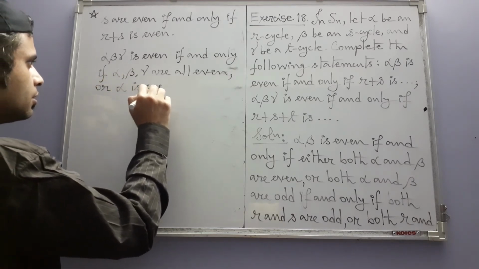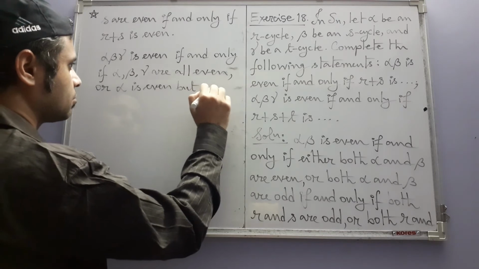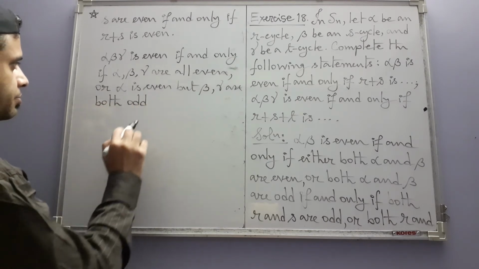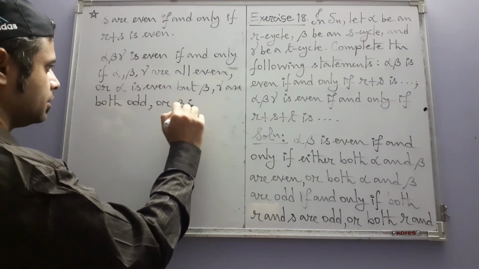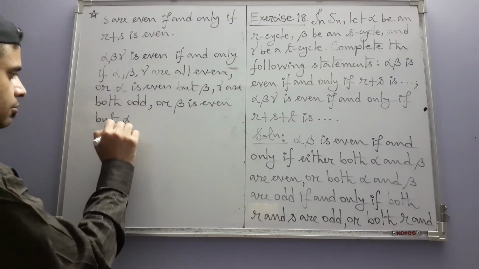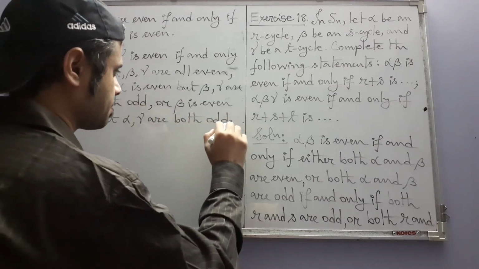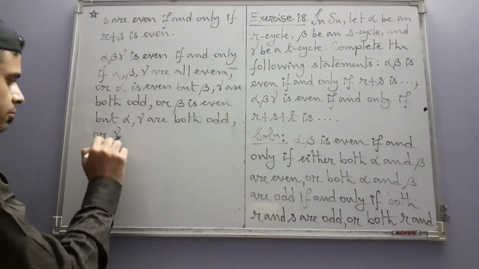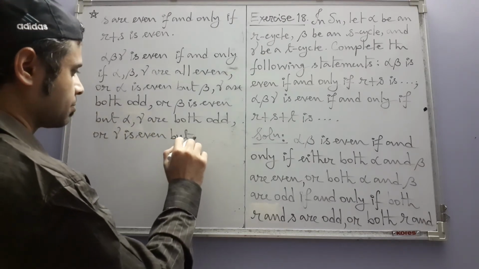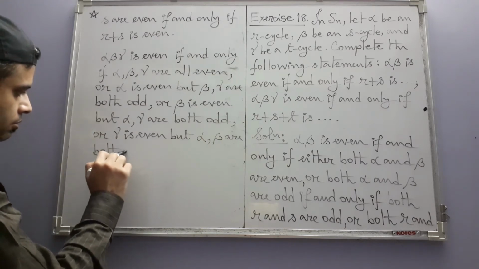Alpha is even, but beta, gamma are both odd, or beta is even but alpha, gamma are both odd, or gamma is even but alpha, beta are both odd.